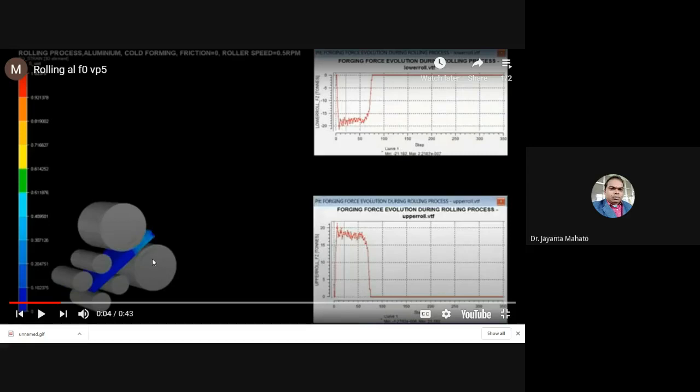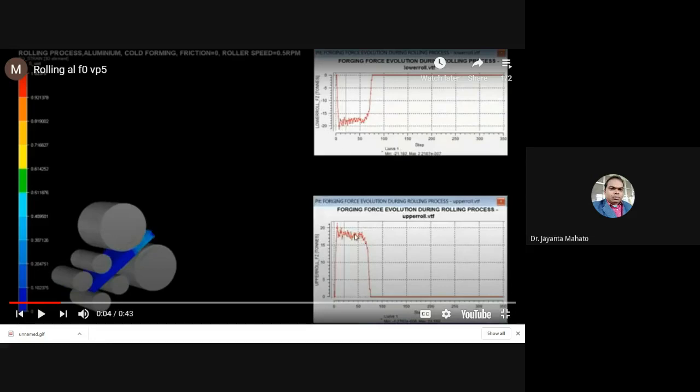So all the values are force values: the lower roller detects a negative value, and the upper roller detects a positive value.